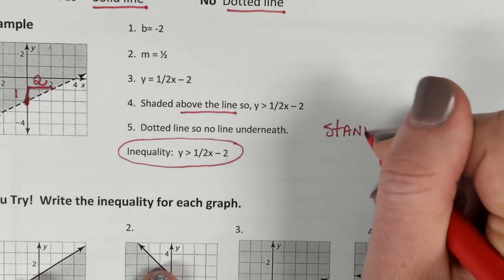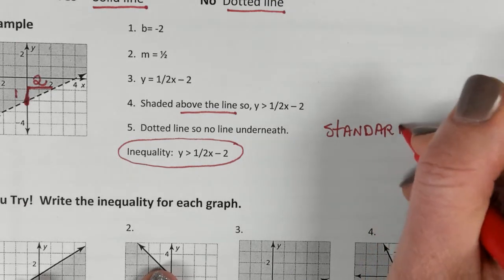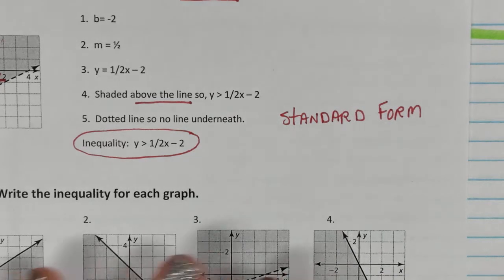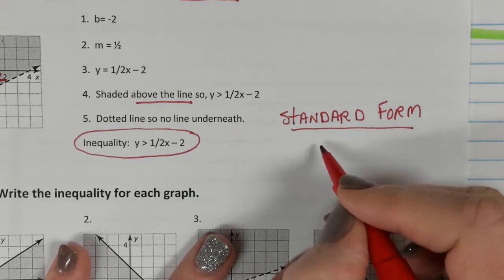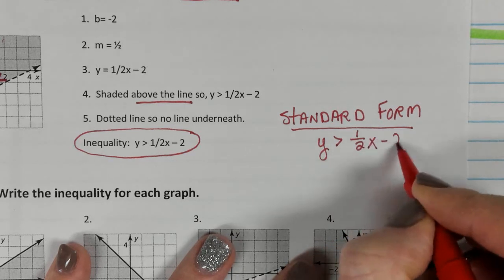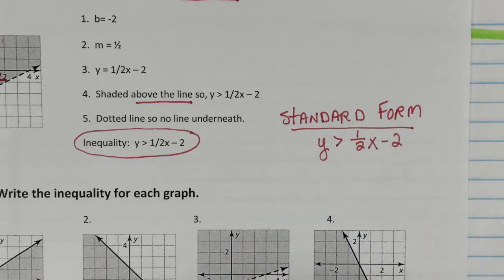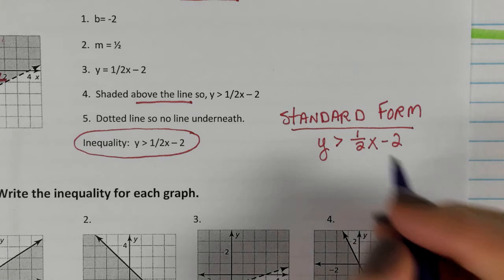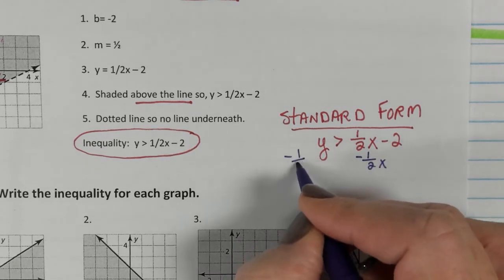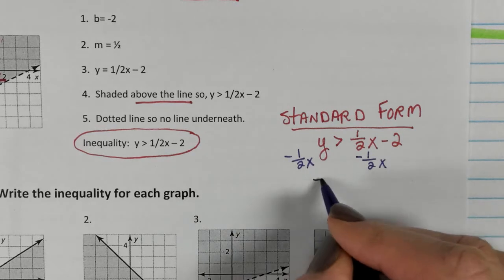Now I want to go ahead and mention to you, if your answer choices were in standard form, how would we change this to standard form? Okay, so I hope you're thinking, well, the first thing we would need to do is subtract 1/2 x from both sides. So that would be your first step.